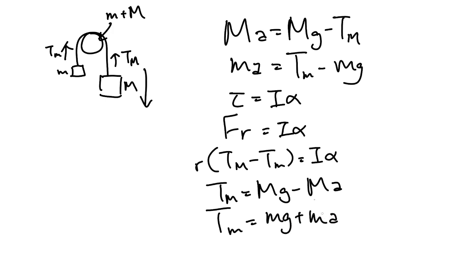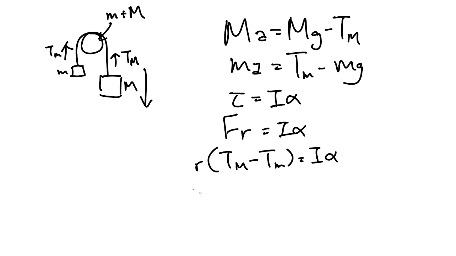These are small, these are big. If we combine these all together, that means our tension difference is going to be equal to Mg minus Ma minus mg minus ma, because we have a minus sign here and we just plug it in.